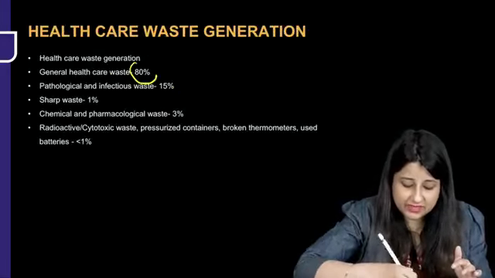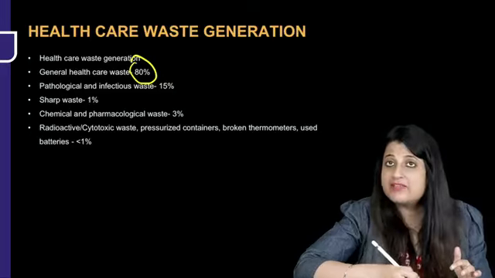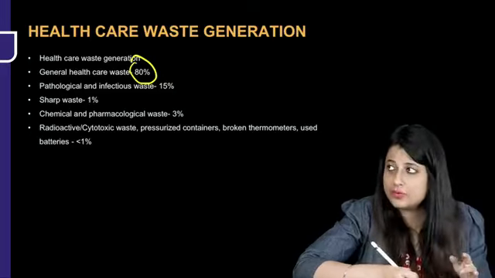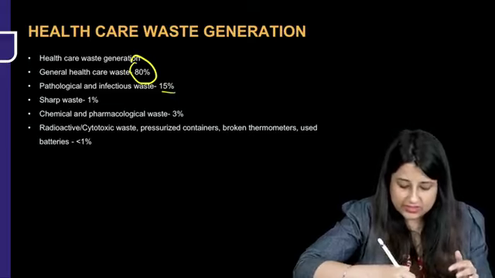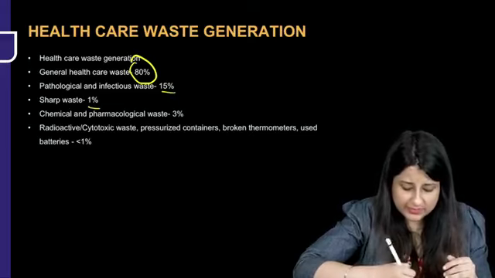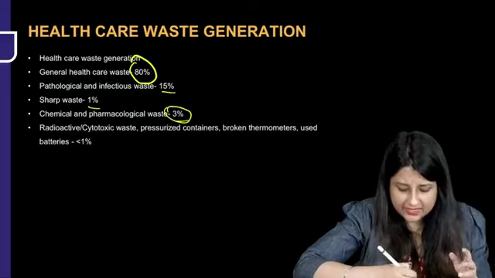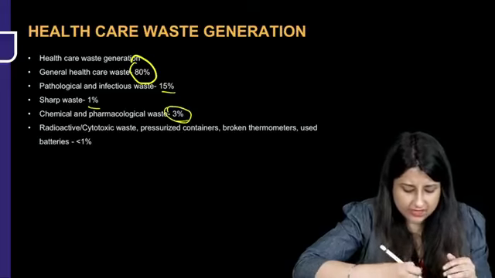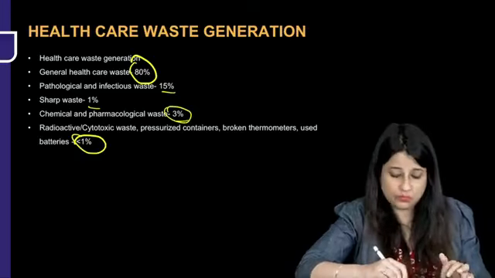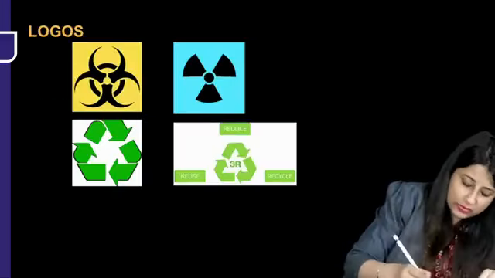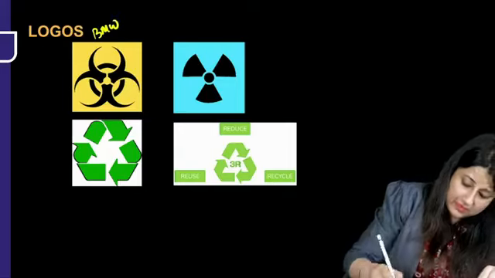This is just healthcare waste generation that you can see. General healthcare waste generation is 80%, but infectious waste is almost 15 to 20%. Pathological infectious waste, sharp waste 1%, chemical pharmacological waste 3%. Radioactive, cytotoxic, pressurized containers, all these are less than 1%. These are logos, guys. This is BMW, biomedical waste.